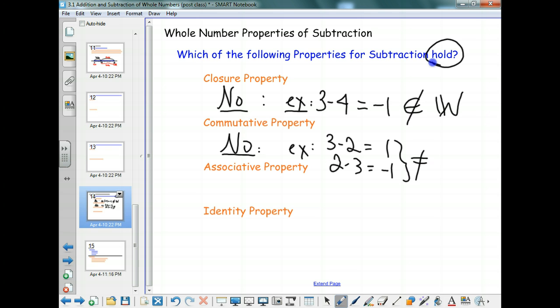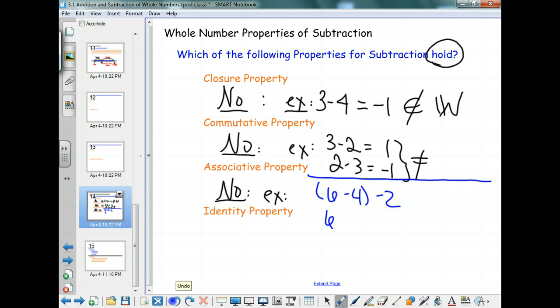How about the associative properties? No. We need to do an example of it, though, to show that it really doesn't work. So what can I do? Somebody give me some numbers. 6 minus 4 minus 2. And we'll use the same numbers.